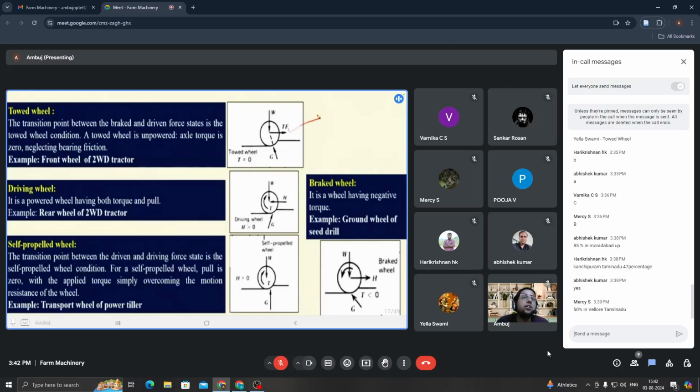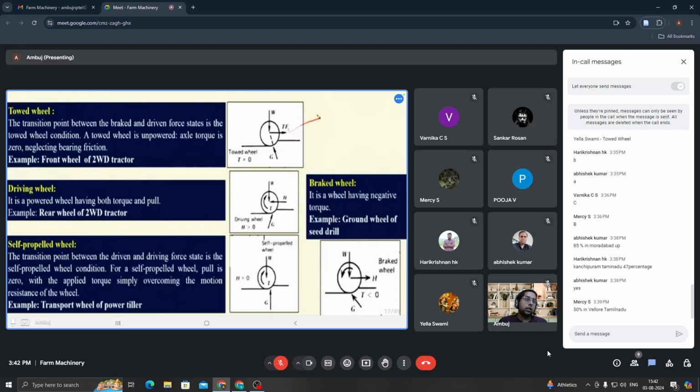Another one was the braked wheel, the wheel which is having negative torque. The wheel which is having negative torque is known as a braked wheel, like the ground wheel of our seed drill. Why is it having negative torque? What is negative torque? What is positive torque? I'll tell you.